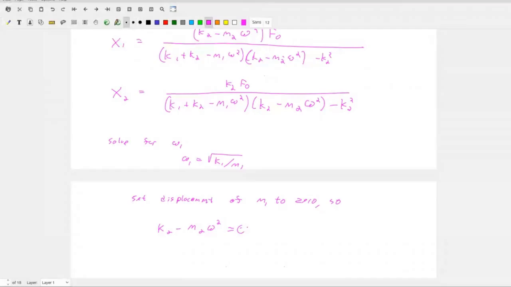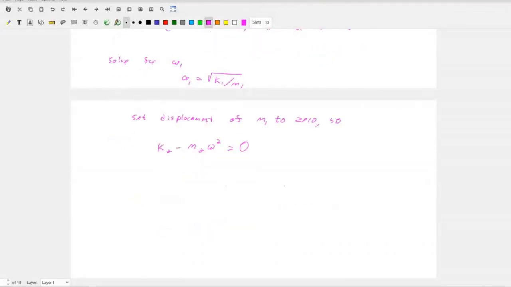That makes sense? Now we have m2, what we need is k2, right? So k2 is equal to m2 omega squared.